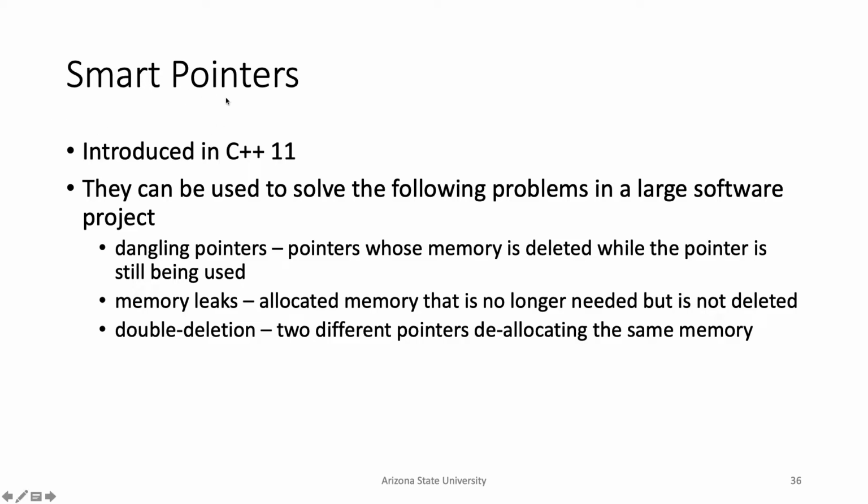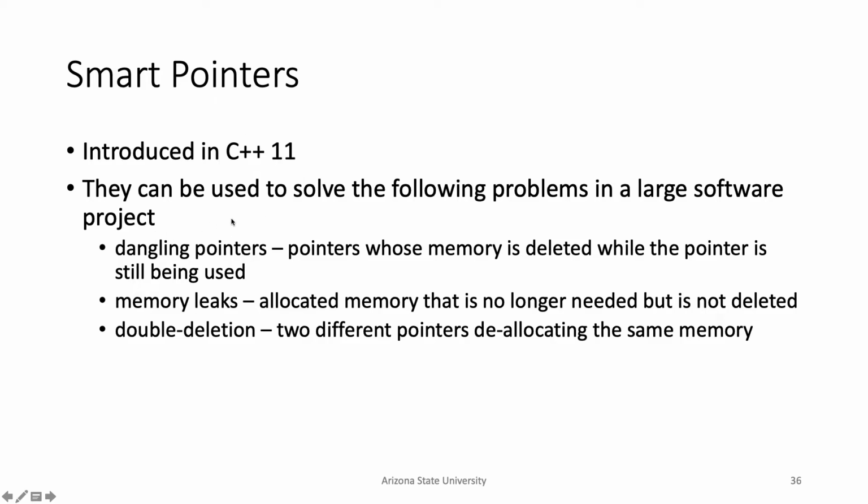So a smart pointer is basically a very tiny wrapper around a pointer. It behaves exactly the same as a pointer, but it handles RAII for you, so you don't have to make a new object and wrap the pointer up yourself. The smart pointers, starting in a recent version of C++, do all the work for you.